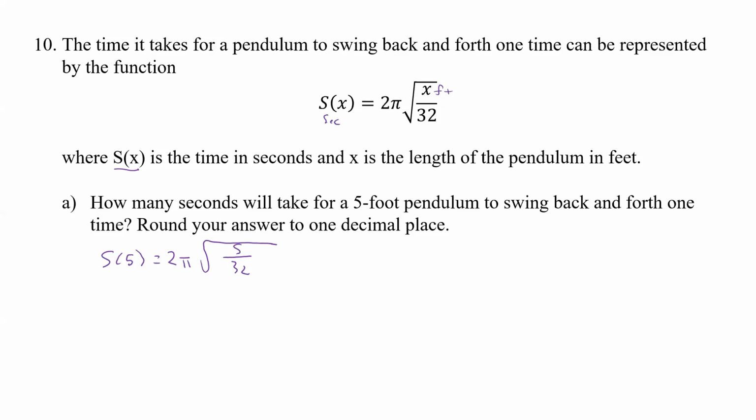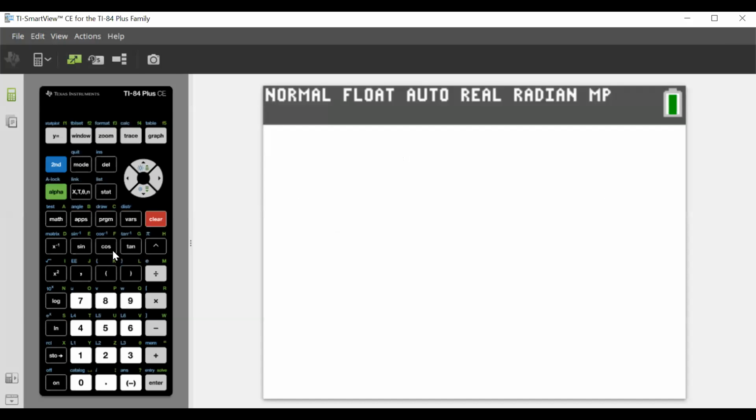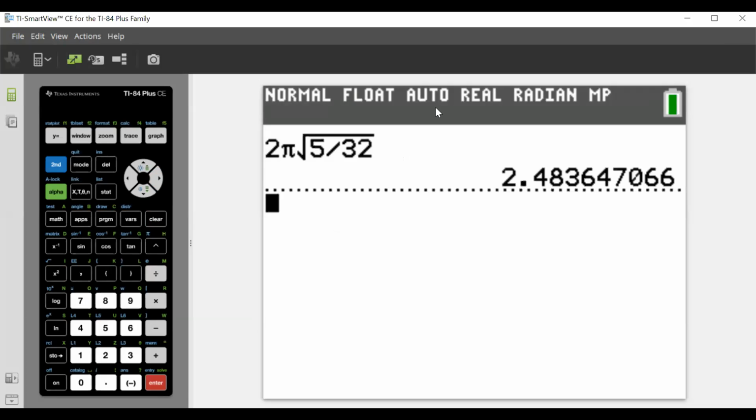Okay, well, that's pretty easy. We just plug that into our calculator again. So we're going to have 2, then pi, then the square root of 5 divided by 32, and that should give us the value, and we get 2.48.